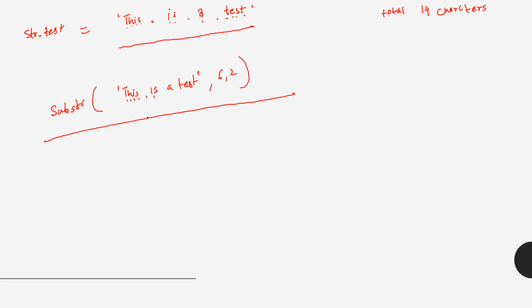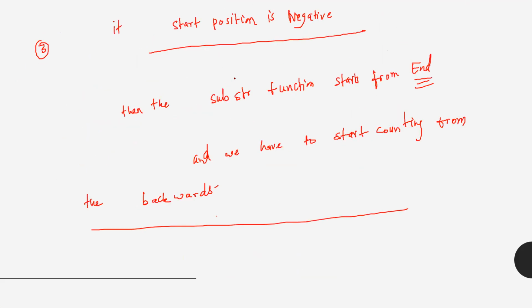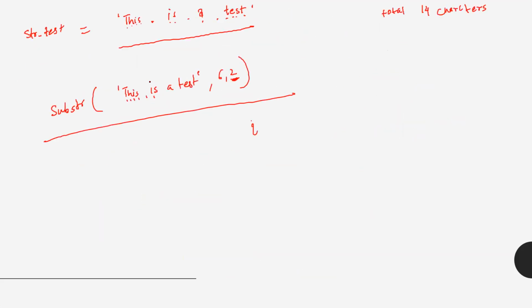What is the sixth character? I. Correct. And what is the length of the string that we want to return? The length is the third parameter. So the length here is 2. So this is the first character that you want to return, and this is the second character that you want to return. So what we will be returning is "is".